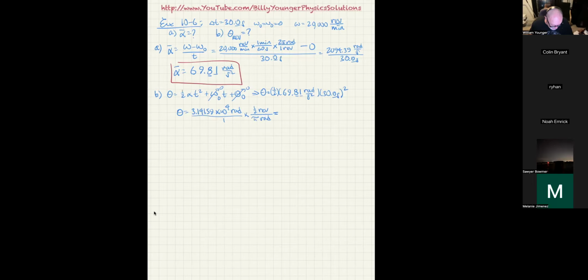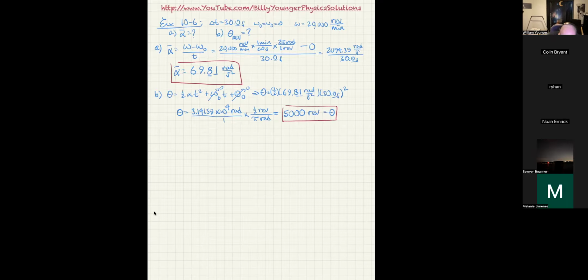So if I just divide by pi, I know that's 1 times 10 to the fourth, and that's, of course, 10,000. And then 10,000 divided by 2 is 5,000. So it should be 5,000 revolutions that it goes through. And that's exactly the right answer.